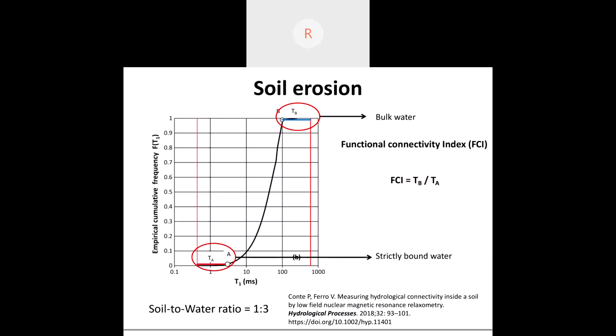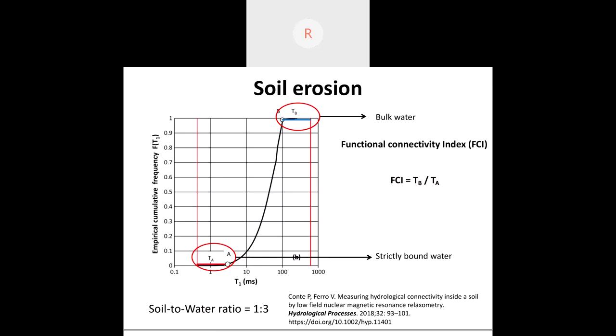That means that the soil on the top becomes sandy, while because of the sediment movement, the soil in the valley will become clay. So these are the two extreme conditions for soil erosion.